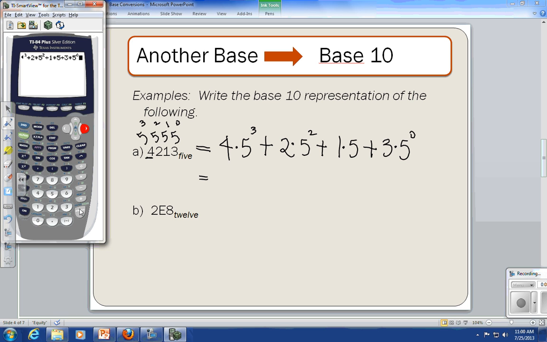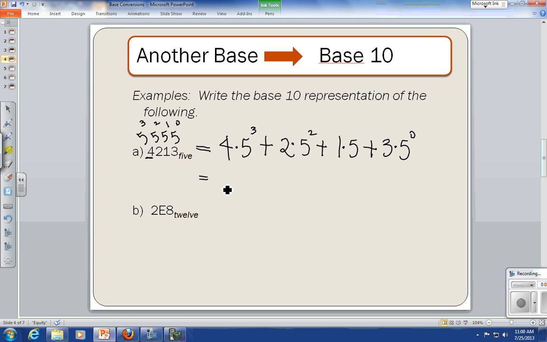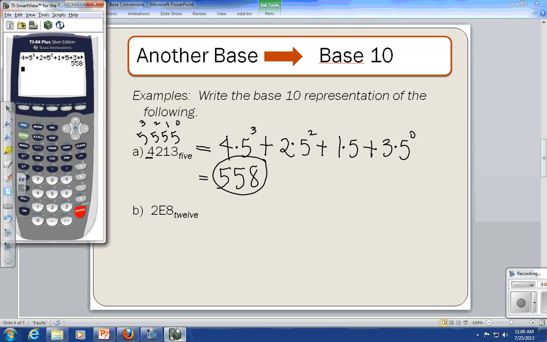So that's really just plus 3. Hit enter and your answer should be 558. So in this case, it's 558. Okay, so let me pull that back up for you, for those of you who need to see how that was entered in.